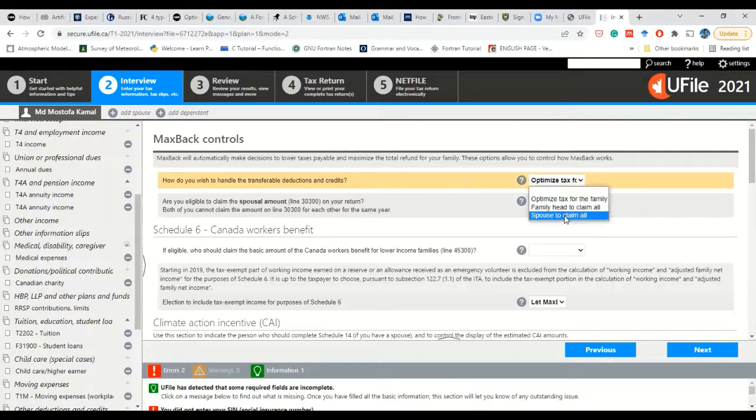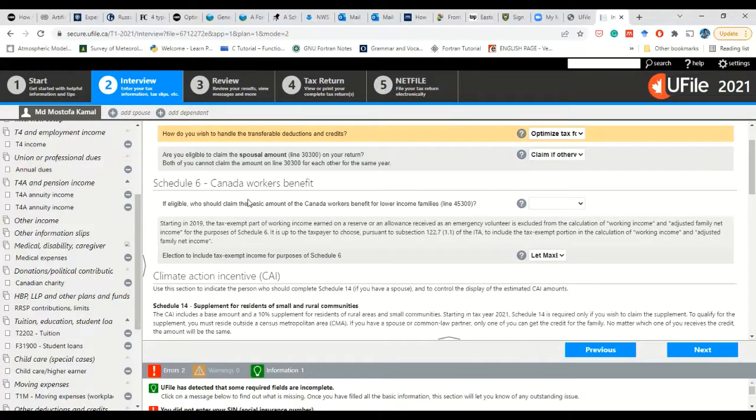Either you can directly say I will claim it, or your spouse can claim it, or optimize tax for family. The software will automatically determine how the maximum return is possible. If it is you, the software will assign it to you, or if it is your wife, the software will assign it to your wife.